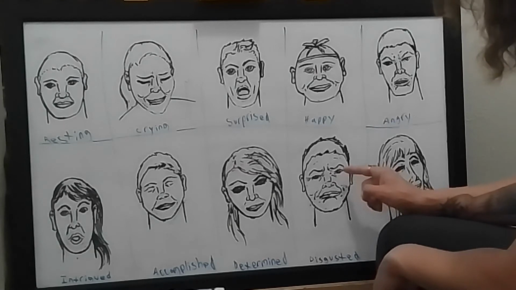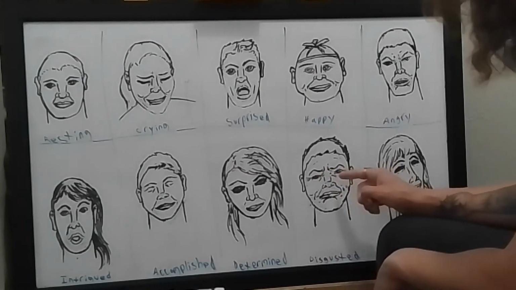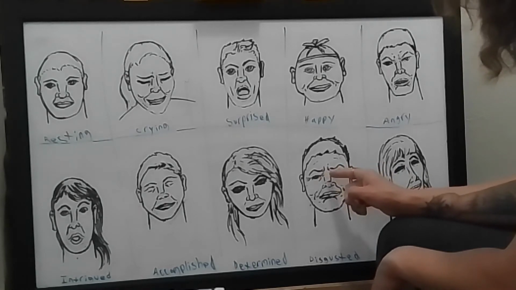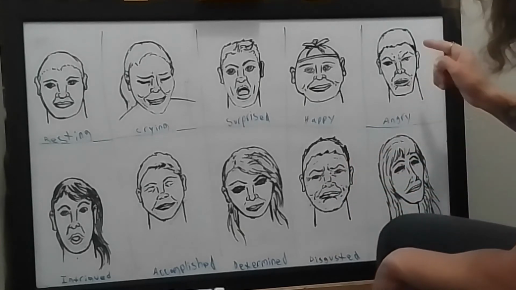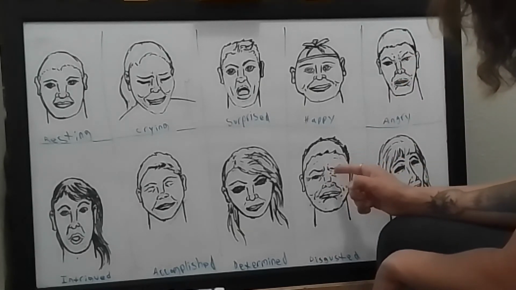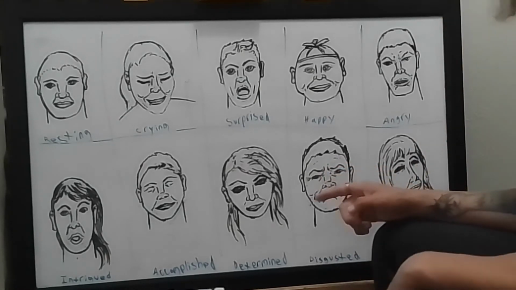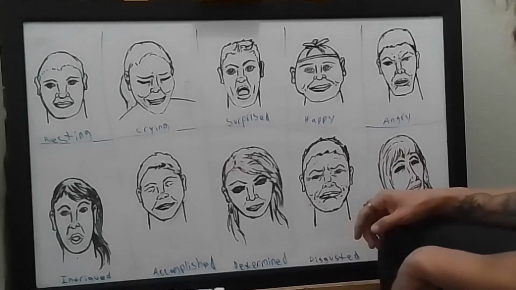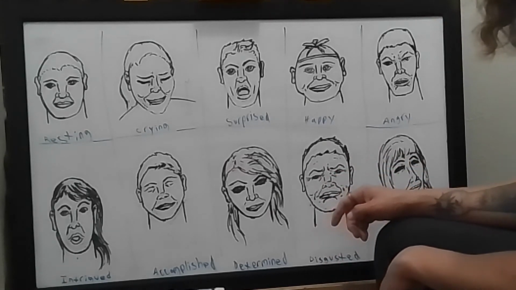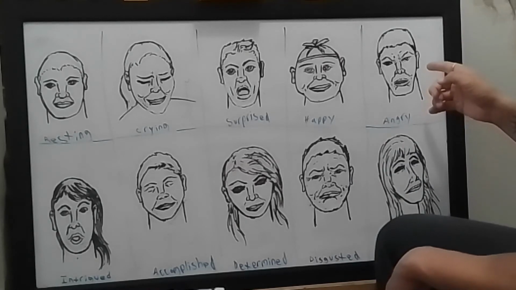Some of these tension lines around here, the edges of the eyes, and these lines right here, which even though the angry expression has, these aren't quite as pronounced, but there's still that compression of the face, where this person is also really focused.